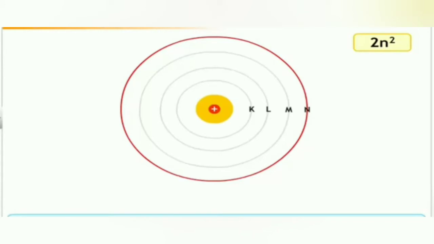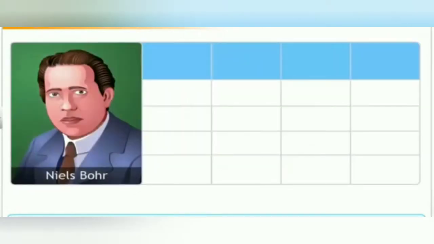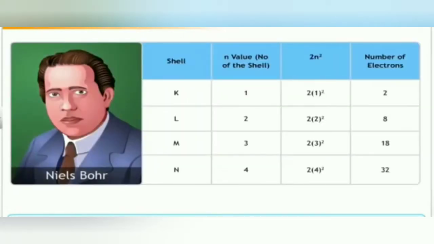For example, for first shell, the value of n is equal to 1 and according to the formula 2 multiplied by square of 1 is equal to 2. So, the maximum number of electrons present in the first level is 2. According to Bohr's model of atom, the first energy level K can have maximum 2 electrons.